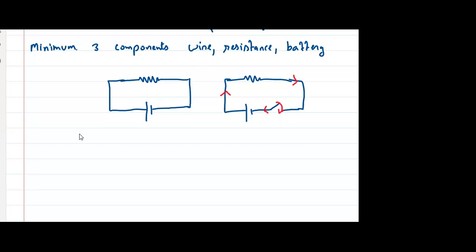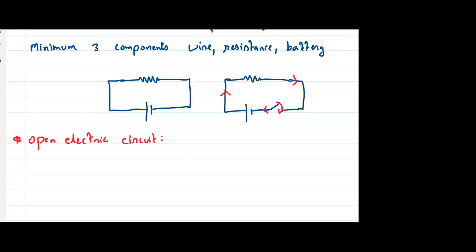Okay, so let's talk about types of circuit. The first type of circuit is open circuit. Now tell me, what is the meaning of open circuit? Anyone? Sir, the circuit is not continuous.